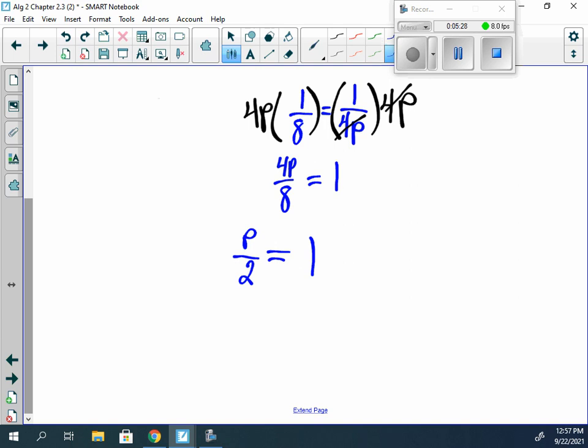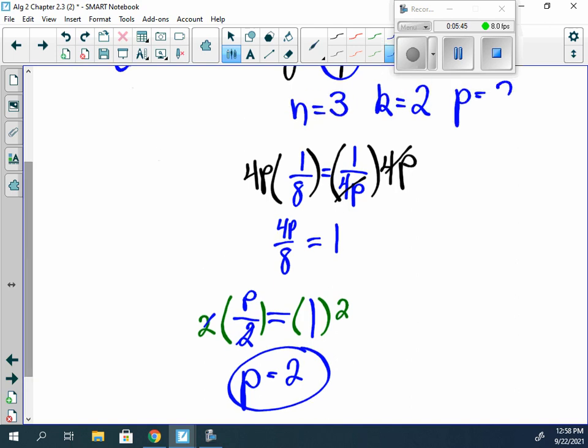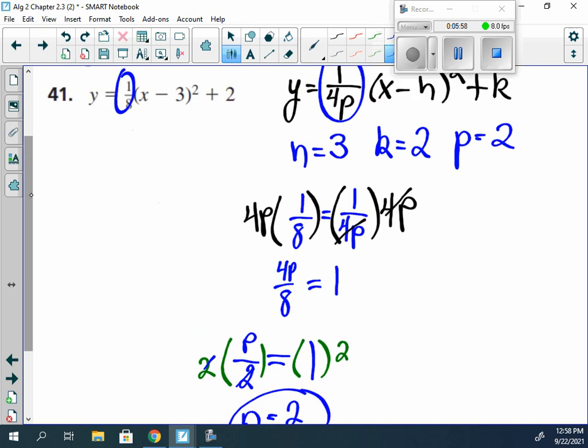What would we do next? Multiply both sides by 2. The 2 and 2 cancel out, telling me that p is equal to 2. So our main goal is to find the values of h, k, and p, because once we have all three, we can find the vertex, focus, directrix, and axis of symmetry.